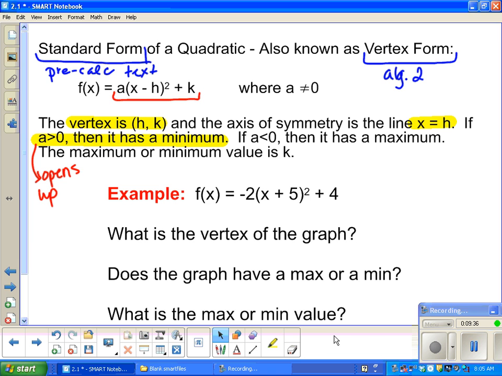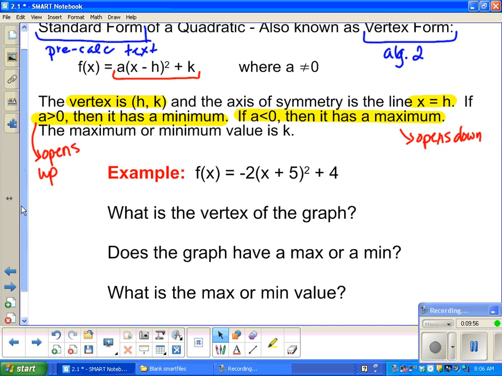If a is less than 0, it has a maximum, which means it opens down.